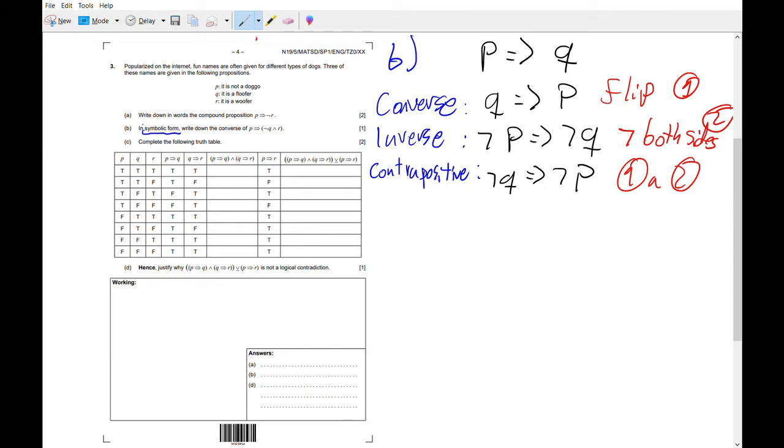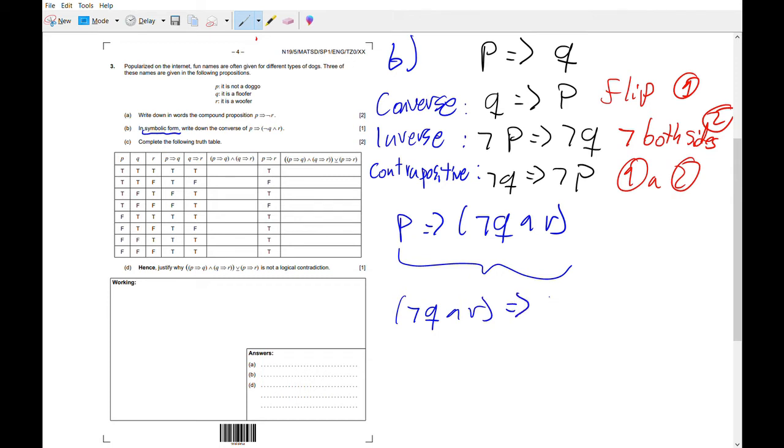So now, in symbolic form, we have to write down the converse of P implies not Q and R. So if we have this guy right here, and we know that the converse is literally just going to be flipping the 2, this is going to turn into not Q and R implies P. So that is our answer for part B.